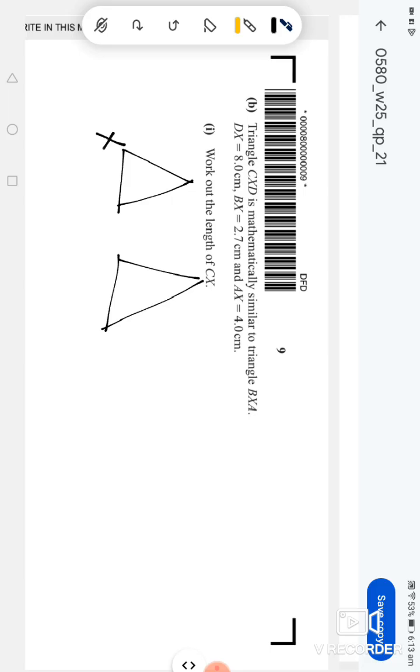So this is X, this is A and B, and X, C and D. So AX is 4 and DX is 8 and BX 2.7.